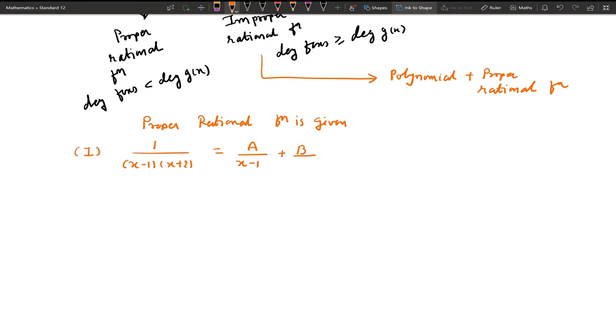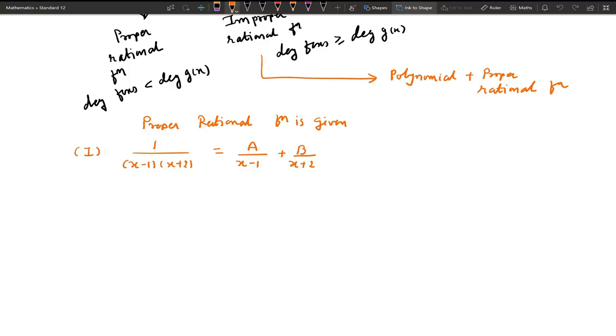Partial fraction means when we express a rational function as sum of two or more rational functions. Such a method is known as method of partial fraction. So in method of partial fraction we express the given rational function as sum of two or more rational functions.